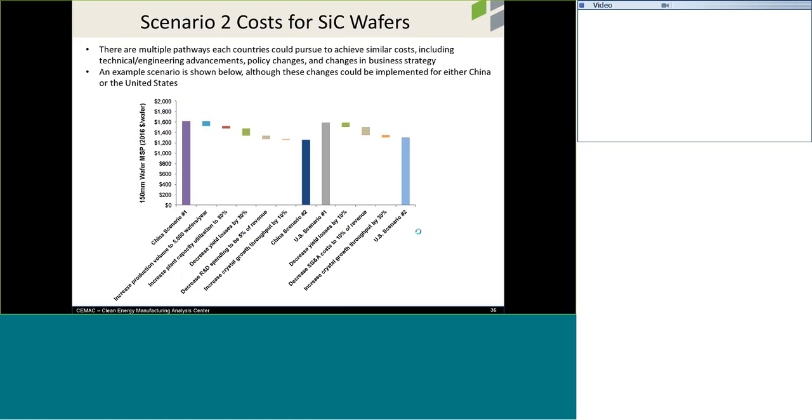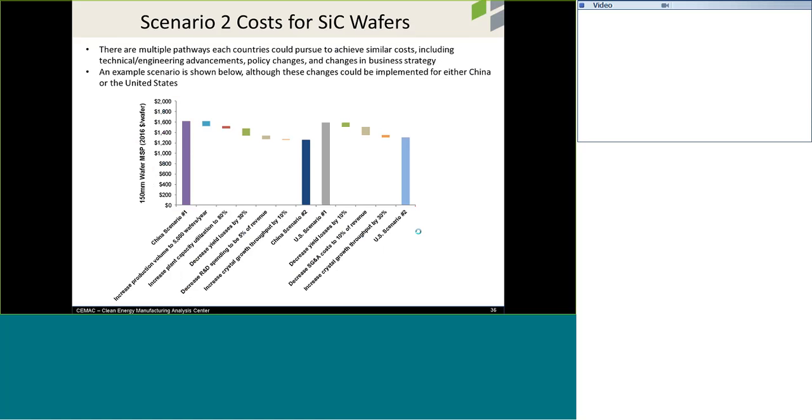When you start to look at future scenarios, though, of how can we further reduce overall costs, this is comparing a China scenario to a U.S. scenario with the intention of pursuing pathways for cost reduction. For the U.S., for example, you decrease your yield loss 10%, decrease your SG&A costs, which we believe happens as you get to a more mature marketplace, and increase your crystal growth.